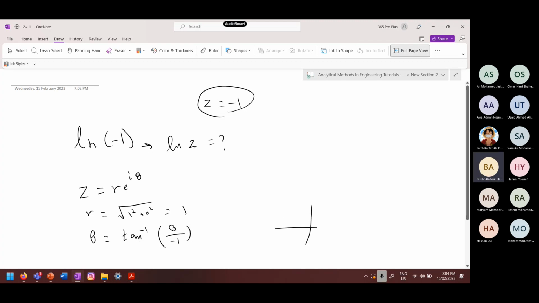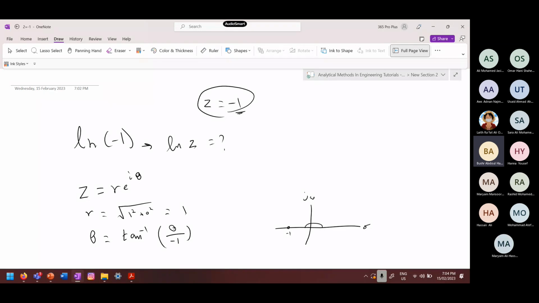You will need to draw this diagram, the j omega axis and the real axis. The real axis is the real numbers. You'll set the real number, which is at -1. And as for the j omega axis, you don't have any values, so you stay here on the real axis.